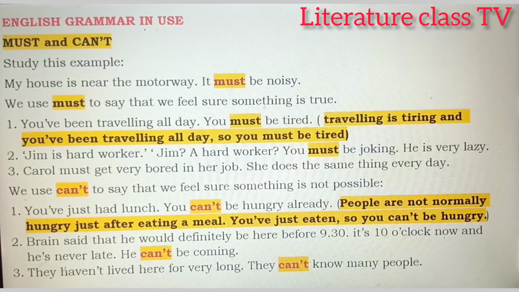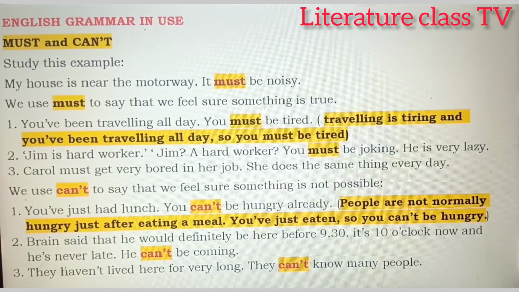Here the speaker knows that because his house is near the motorway, he is very sure that it must be noisy. We use must to say that we feel sure that something is true.